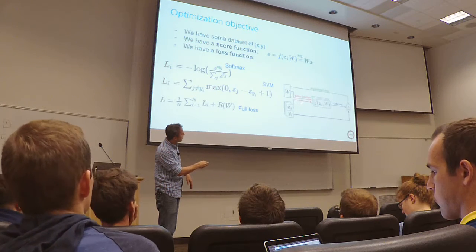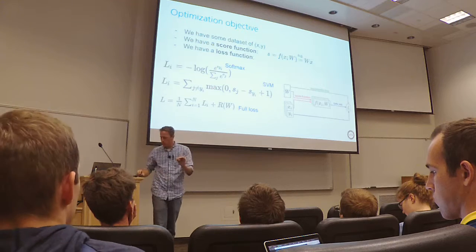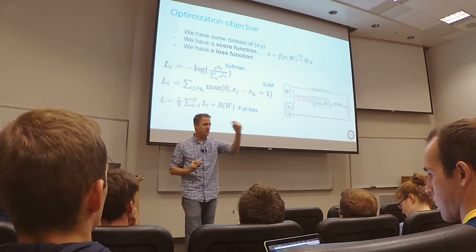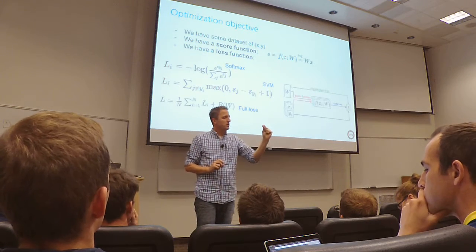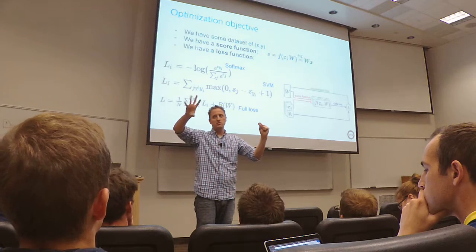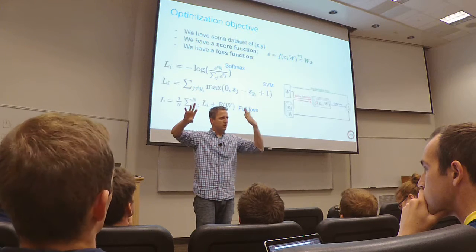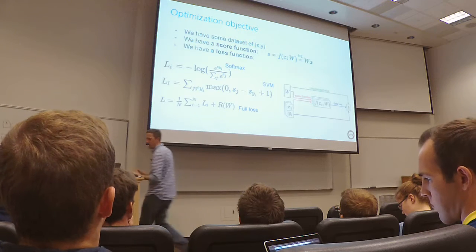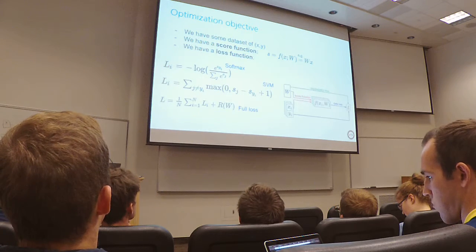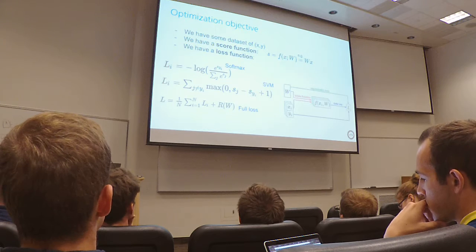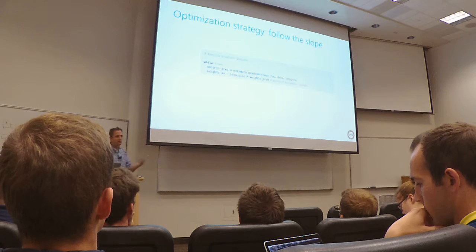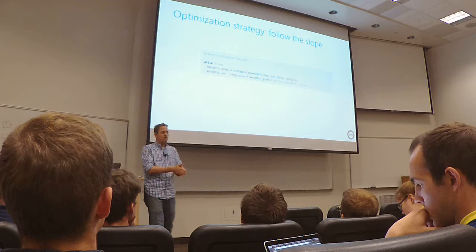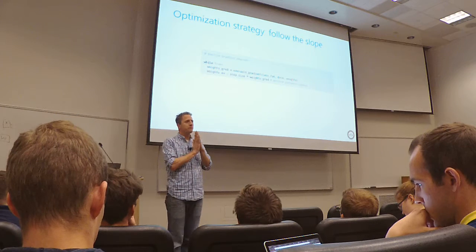They'll go through scoring and loss functions, and eventually at the end, we'll just get a single number out. That's the loss. What we'd like to do is adjust the W's so that the loss number goes smaller and smaller. So how do we optimize the loss function? The strategy of essentially all modern deep learning is calculate the gradient and follow the slope.